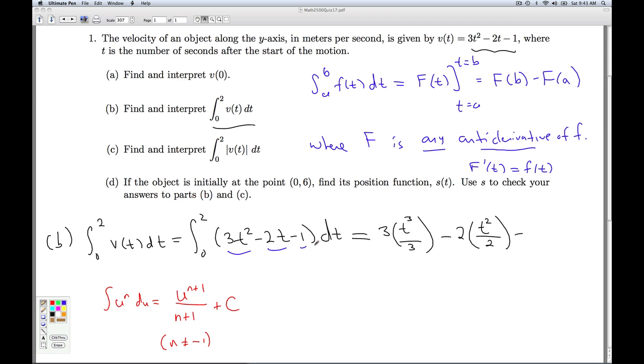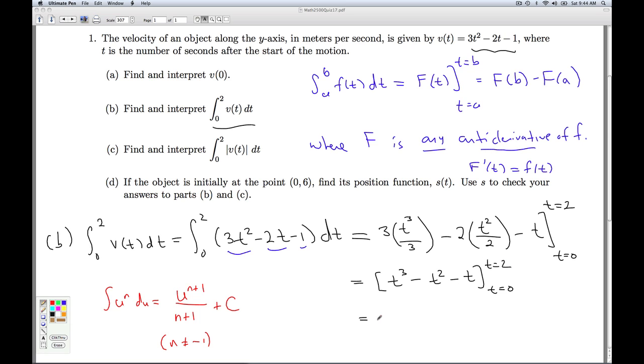You can think t to the 0, even though there might be issues at 0 itself, that's just going to be t to the first power. I'm going to evaluate this from t equals 0 to t equals 2. I can simplify this just a bit, and I get t cubed minus t squared minus t, going from t equals 0 to t equals 2.